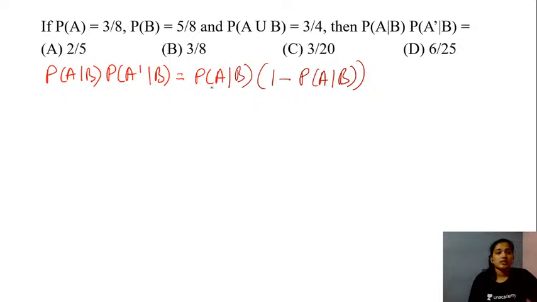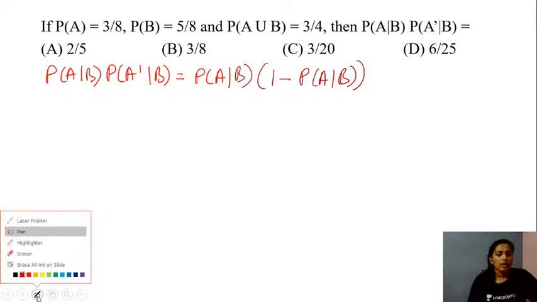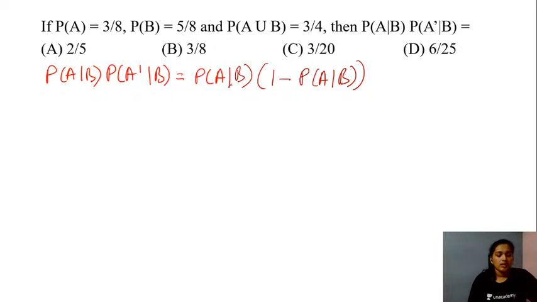So here in this case we need to get the value for probability of your event A given your event B, students. How are we going to do that? Do we have the necessary information here? First of all, probability of your event A given your event B, what is this equal to? Probability of A and B divided by the probability of B. Am I correct? Do we have the value for probability of A and B?